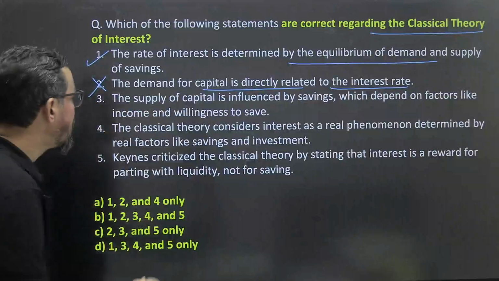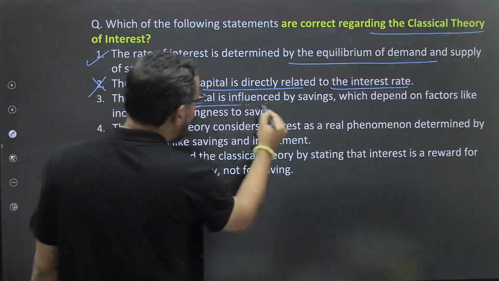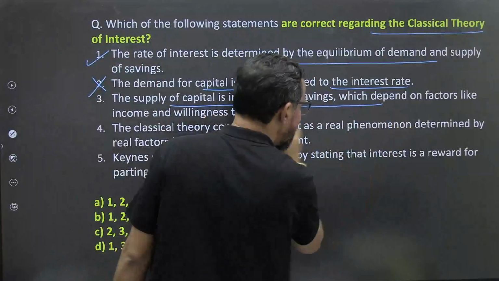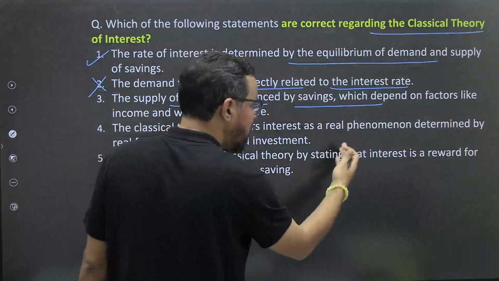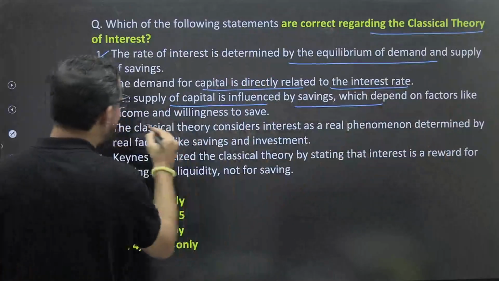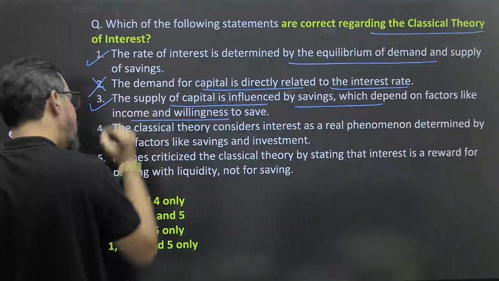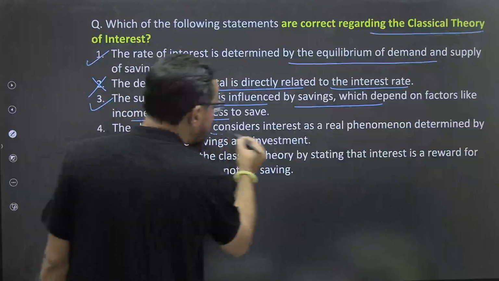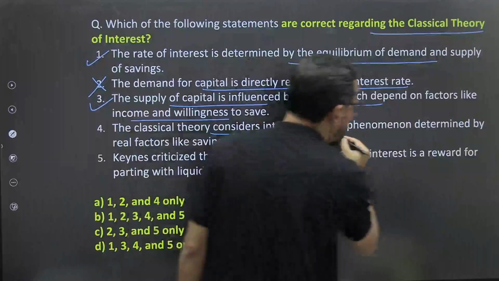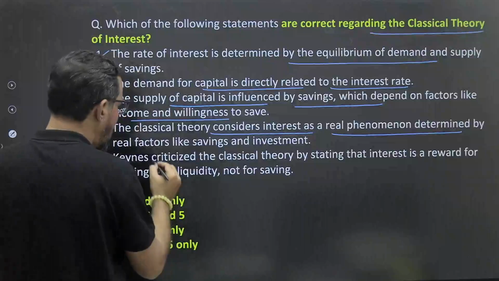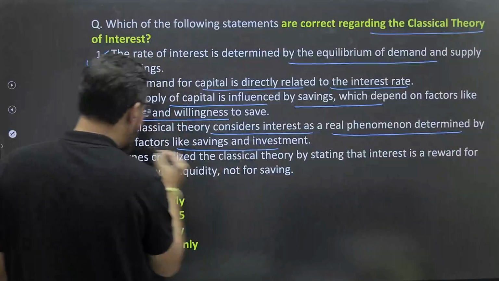So this is wrong. The supply of capital is influenced by saving, which depends on factors like income and willingness to save, 100% true. Classical theory considers interest as a real phenomenon determined by real factors like saving and investment.